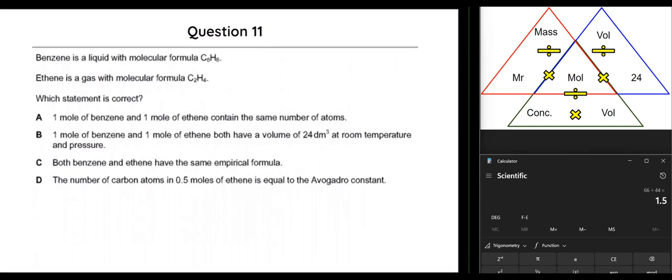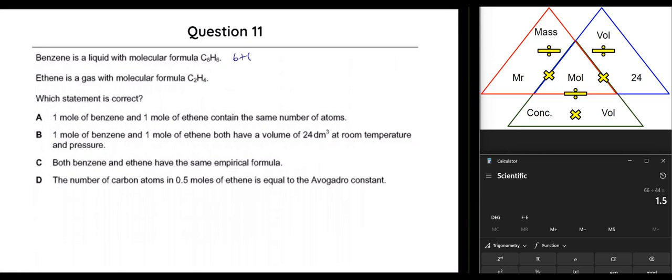Question 11. Benzene is a liquid with a molecular formula C6H6. Ethene is a gas with a molecular formula C2H4. Which statement is correct? So we're going to do process of elimination on this one. Is it that 1 mole of benzene and 1 mole of ethene contain the same number of atoms? Well, how many atoms have we got here?